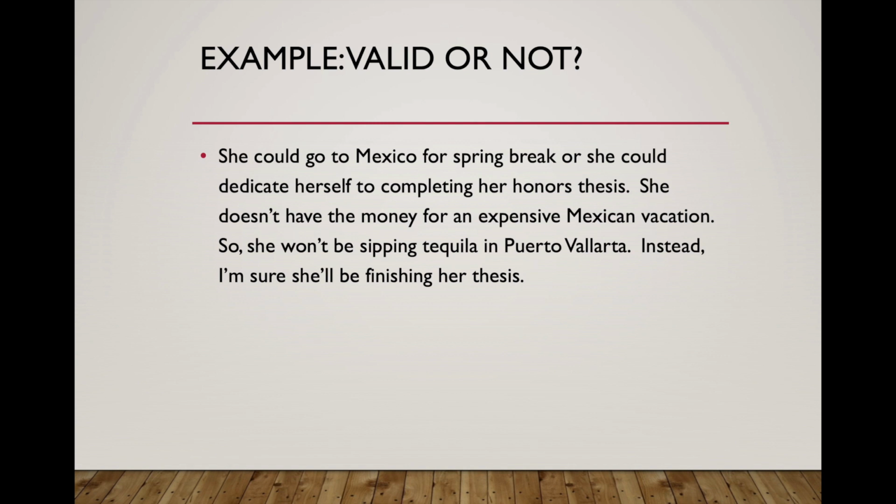So the second premise denies the first disjunct. It's therefore valid and reasonable to conclude with certainty that she will be finishing her thesis. So this is a valid disjunctive argument because the second premise denies the first disjunct of the molecular disjunctive statement.